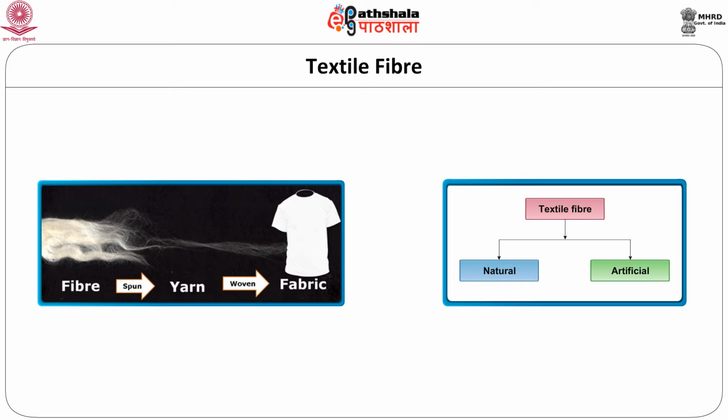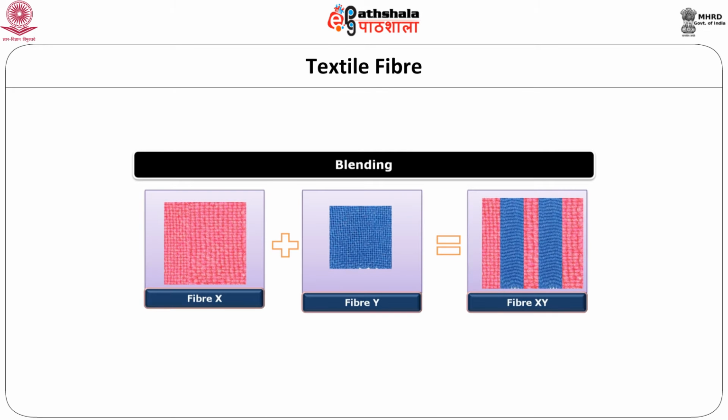Textile fabrics can be prepared by using natural fibers or artificial fibers. Some yarns are made from a single variety of fiber, whereas mixing or blending various types of fibers in different combinations produces a variety of quality in the product. So, mixing of different fibers and proportions can be planned according to the product's quality requirement.